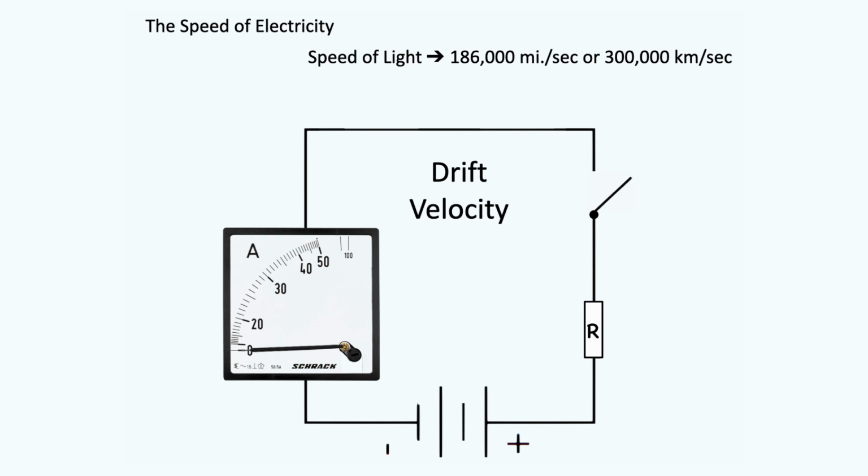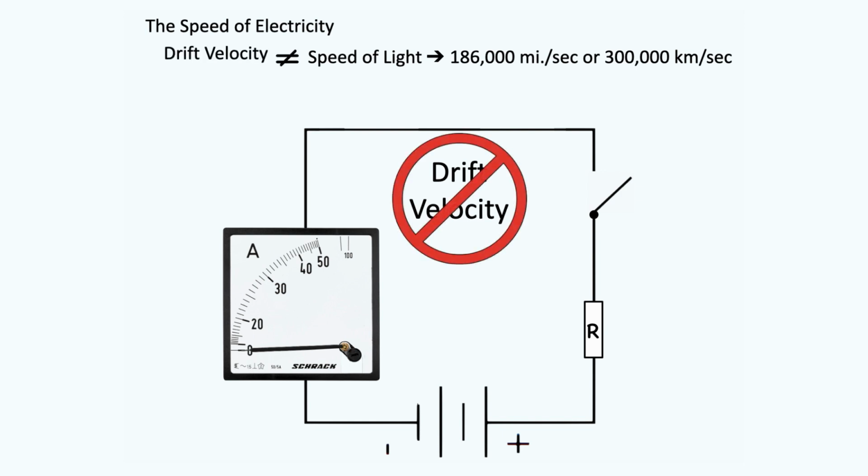In fact, if we were to compare the speed of an electron flowing in a wire to that of a common garden snail, the garden snail would hands down beat the electron in a race, because the garden snail moves at about half an inch per second, whereas an electron moves in the wire at about 0.0028 inches per second.